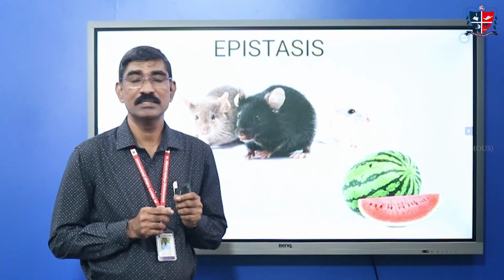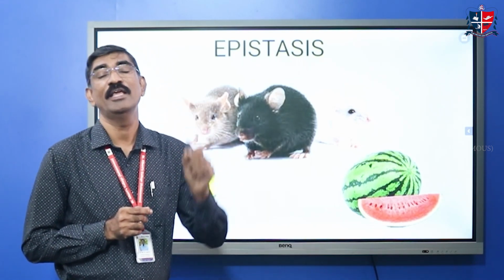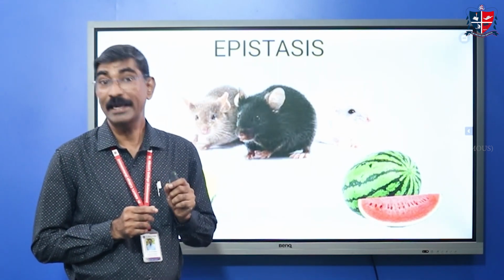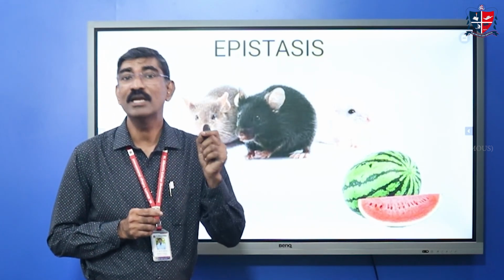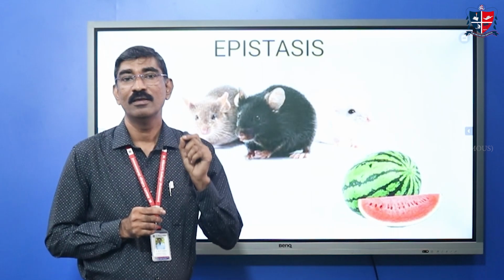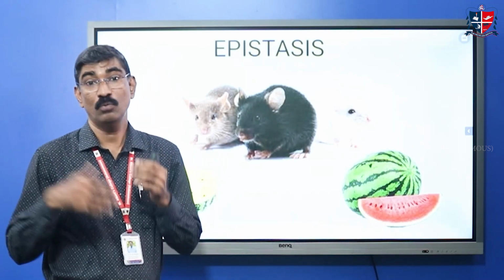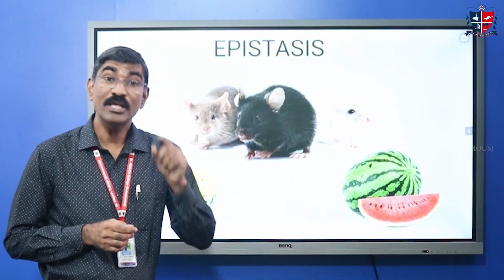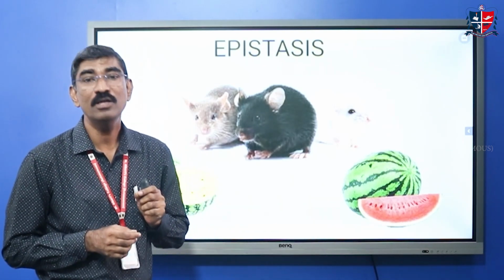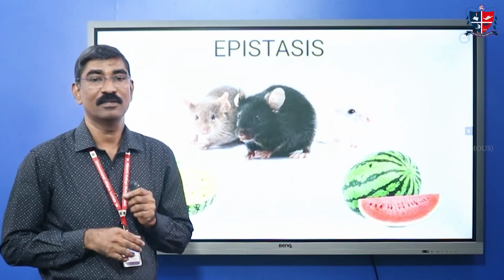In most cases, a single gene controls a character, but in many cases a single gene may control more than one character, and sometimes more than one gene will be involved in a single character.